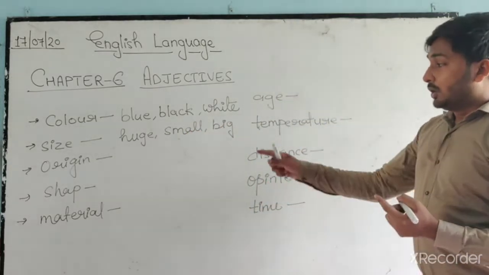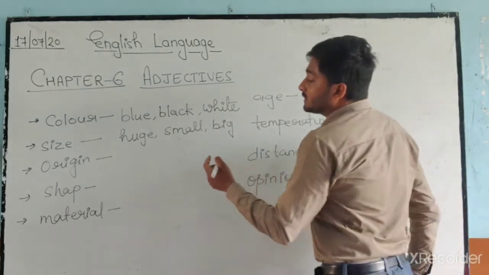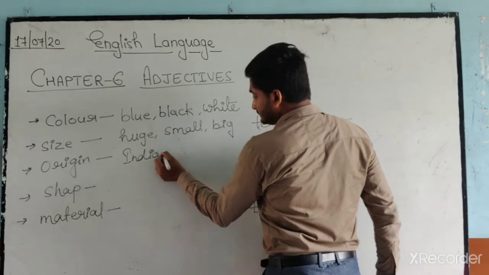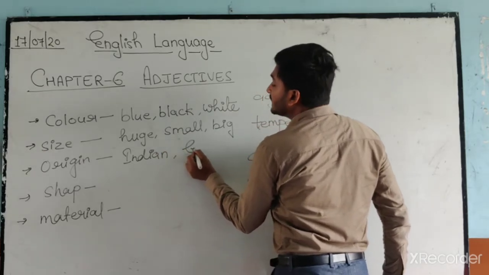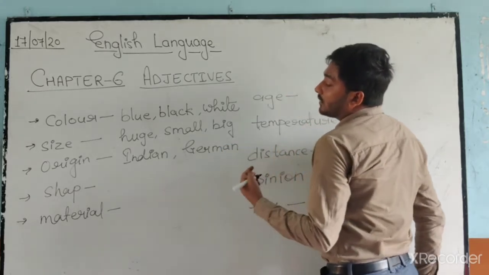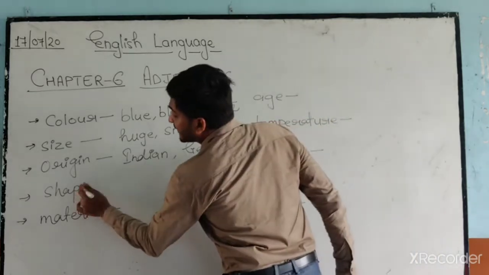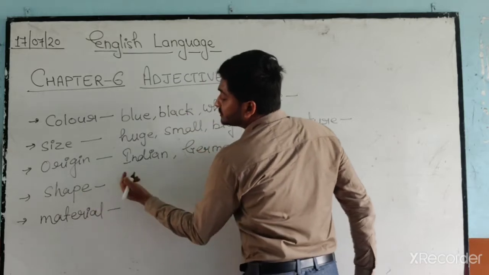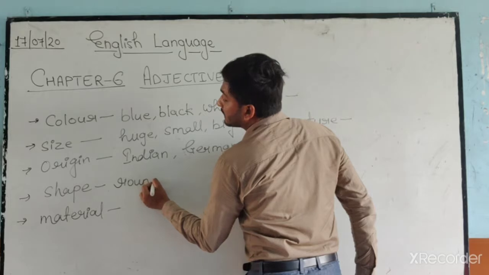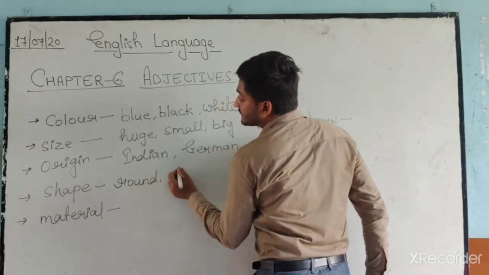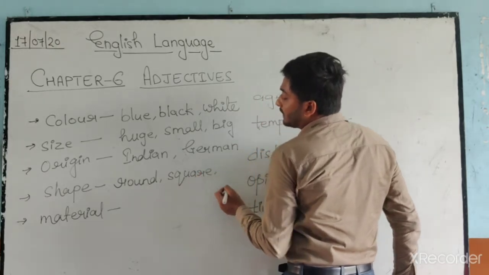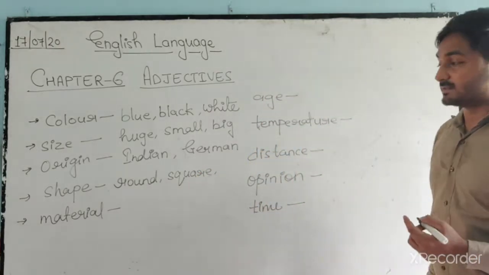Origin: where a thing or person belongs. That boy is an Indian. My food is German. Shape: I have a round ball, or a toy which is square in shape, or I have a rectangular pencil box.